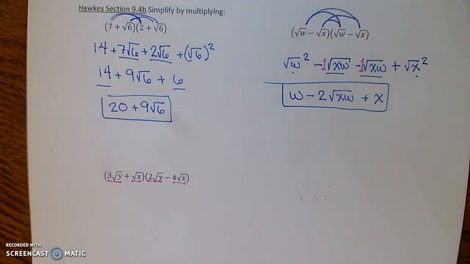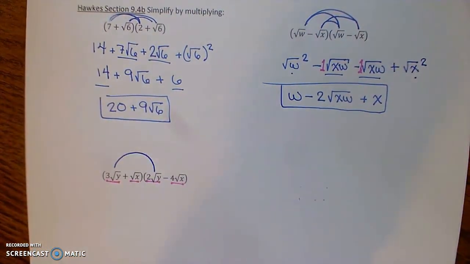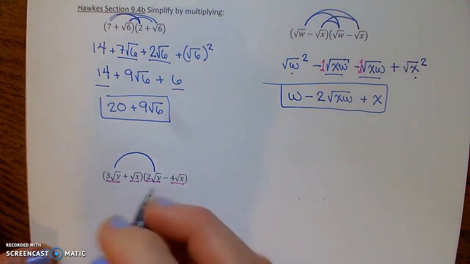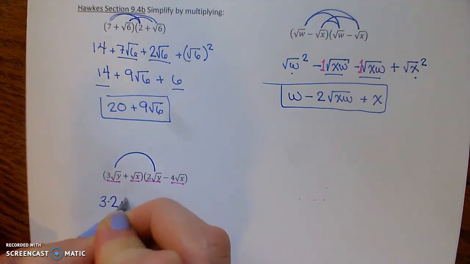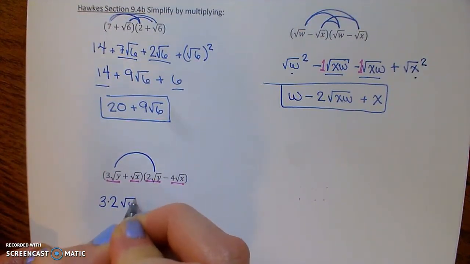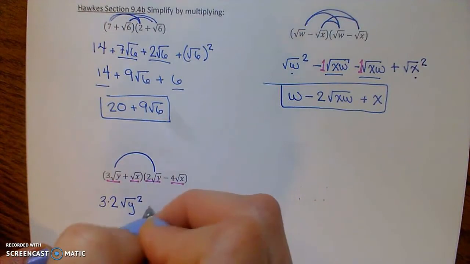So when we're multiplying 3 root y times 2 root y, what you're going to want to do is multiply all of the factors outside of the radical together, and then all the factors inside the radical together. So this will be 3 times 2 on the outside, and then square root of y times y, or square root of y squared. That's the first two terms being multiplied together.